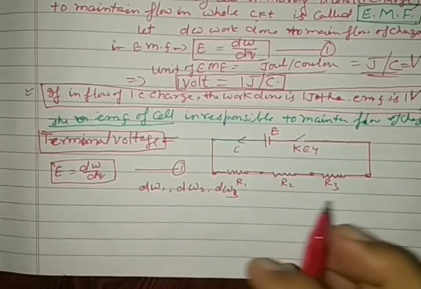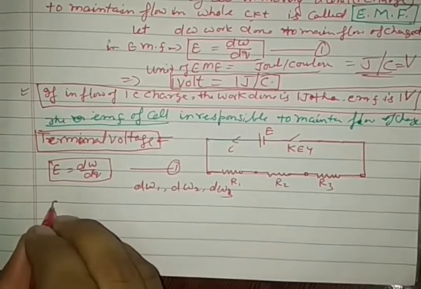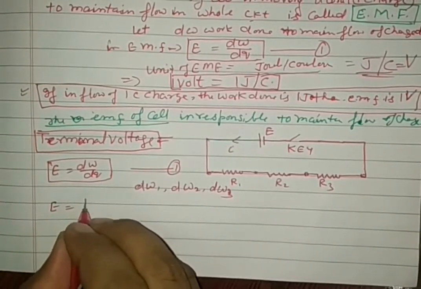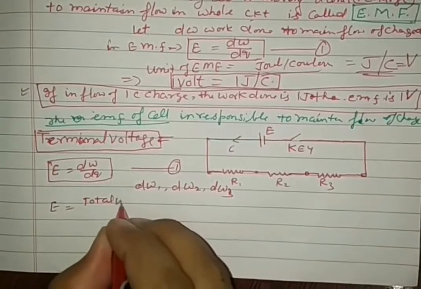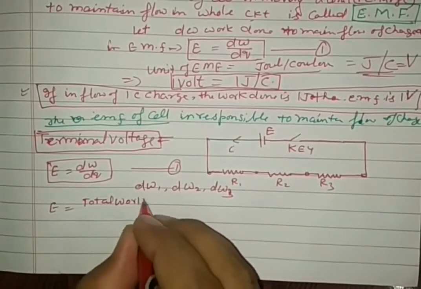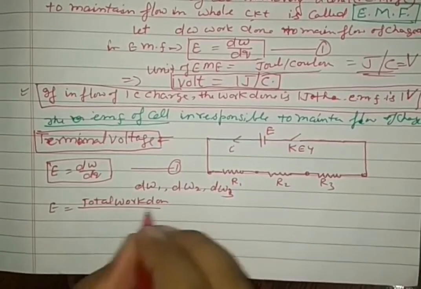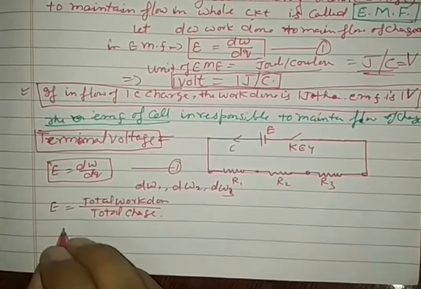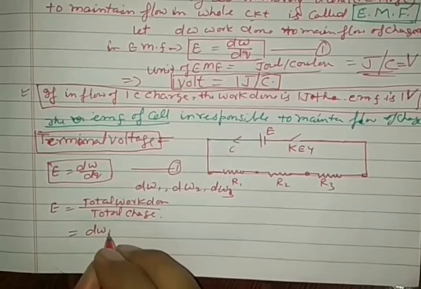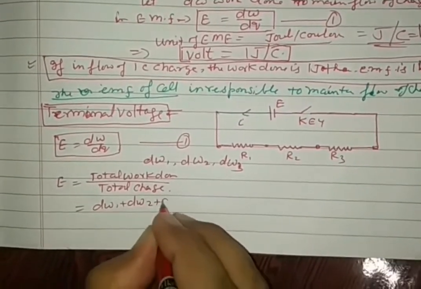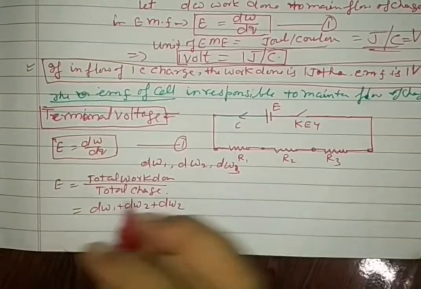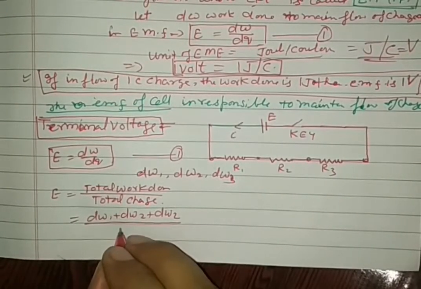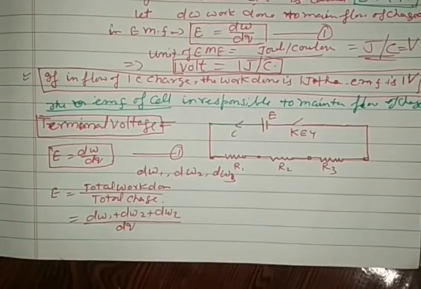Then total EMF can be written as total work done by total charge: dW1 plus dW2 plus dW3 for passing dQ.